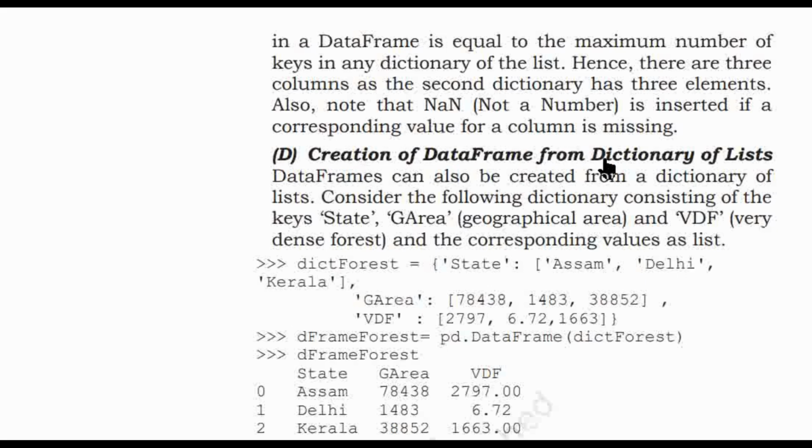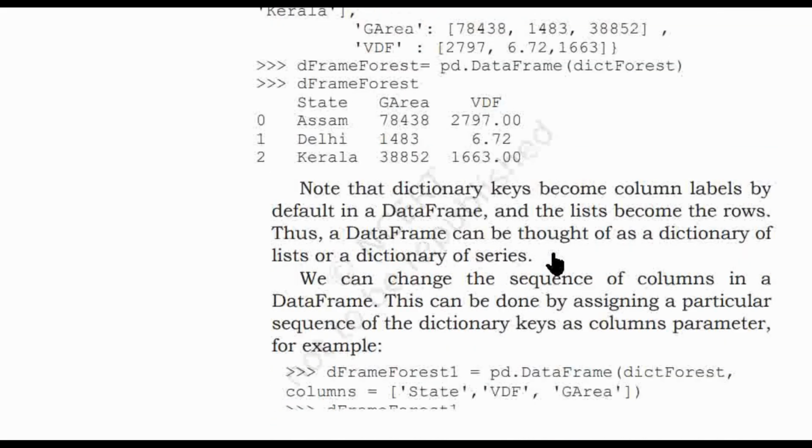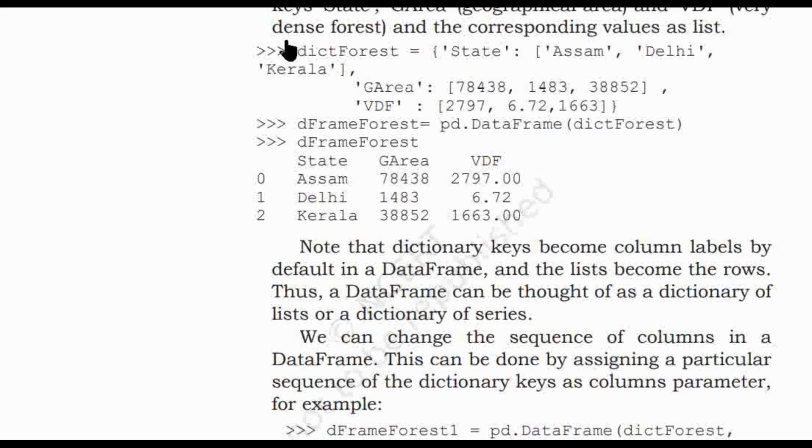Creation of a DataFrame from a dictionary of lists. DataFrames can also be created from a dictionary of lists. Consider the following dictionary consisting of the keys State, GArea (geographical area) and VDF (very dense forest), and the corresponding values as lists.